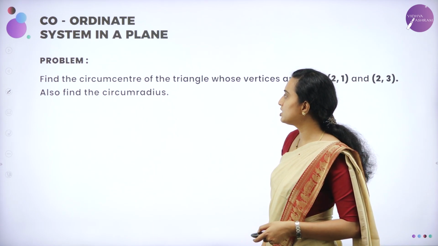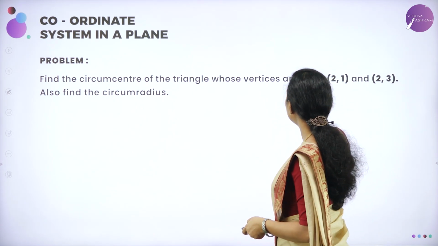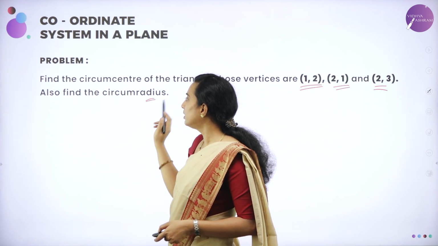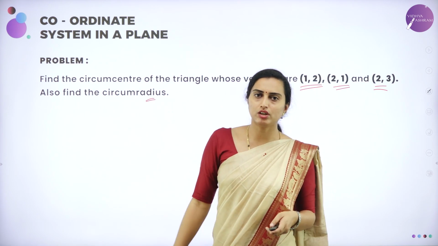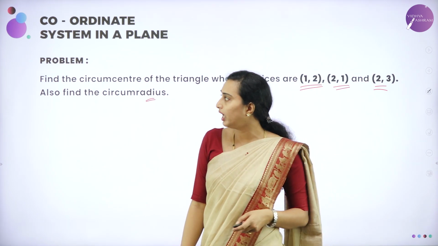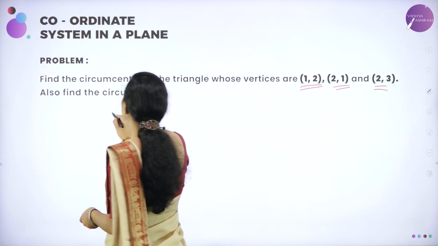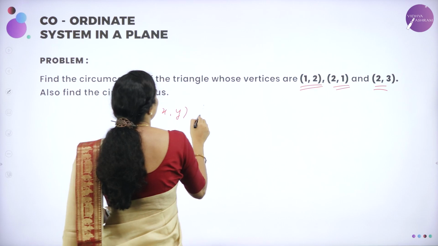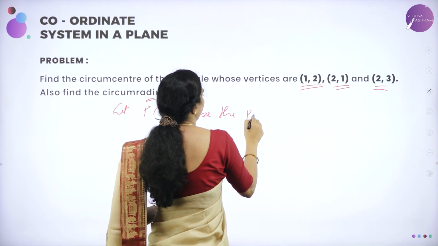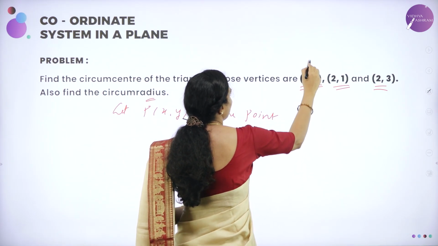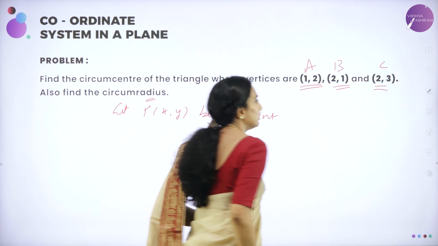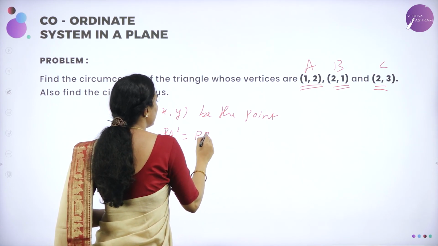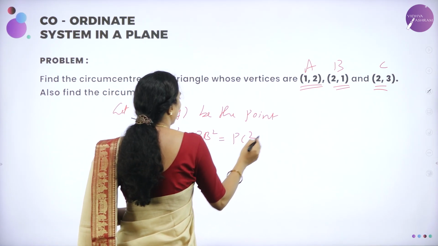Find the circumcenter of the triangle whose vertices are (1, 2), (2, 1) and (2, 3), and also find its circumradius. Same procedure you are going to do here. Let P of x comma y be the point, and let these points be A, B and C. Just do this: PA squared is equal to PB squared is equal to PC squared.